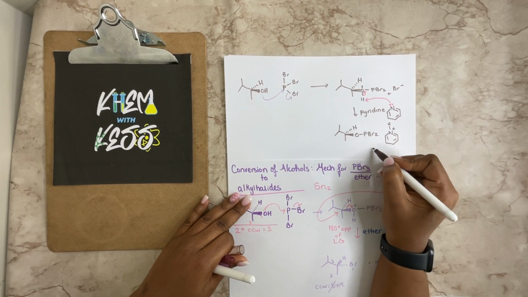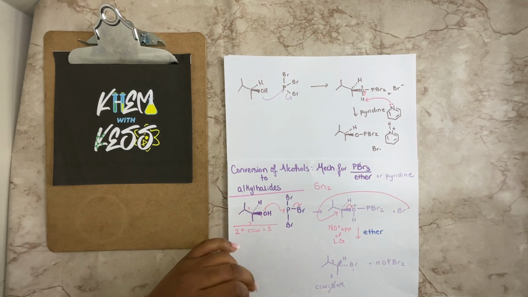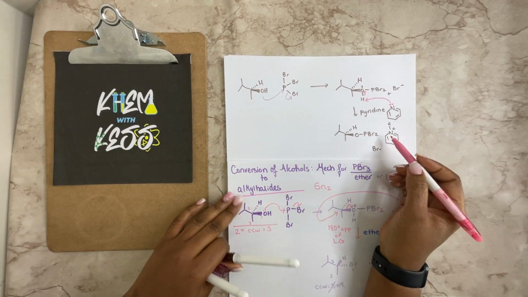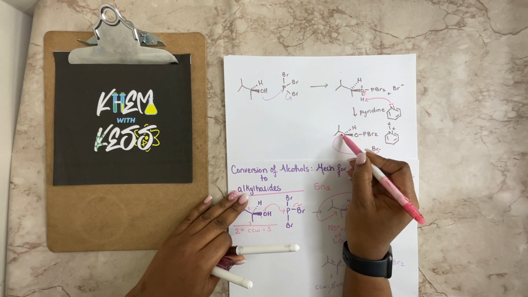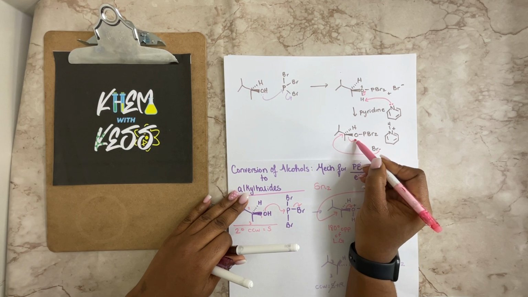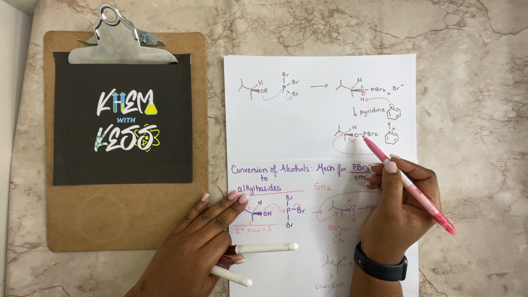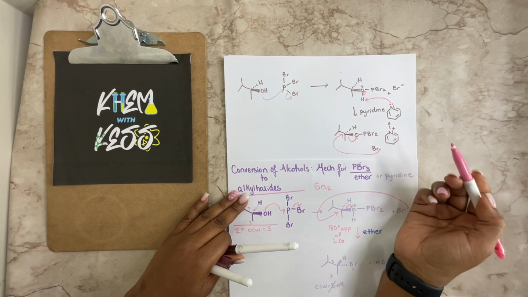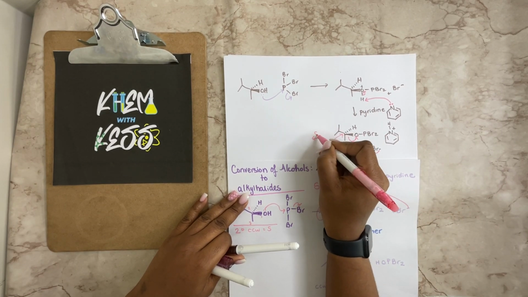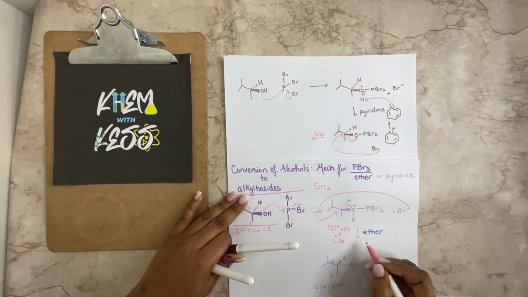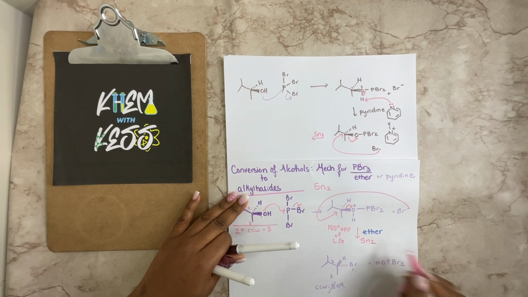Then we got to here, and again, we still have that Br minus. Now the Br minus can go through and do the SN2 dynamic. So right here is where SN2 happens. Here, SN2 was happening right here.